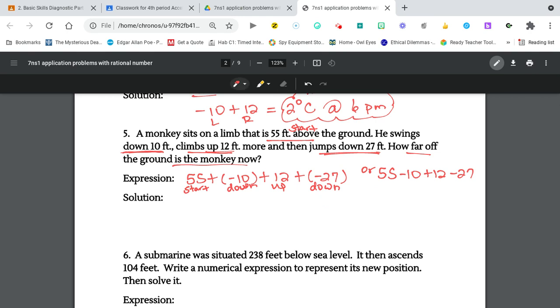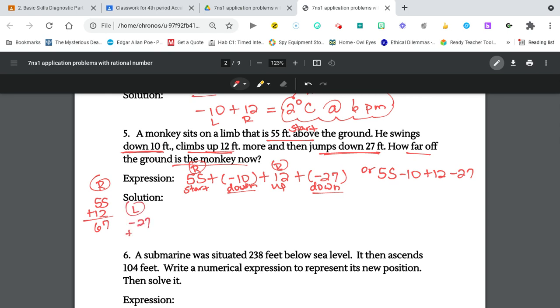Okay, so what I'm going to do is take all those that go to the right. This goes to the right. This goes to the right. So I know 55 plus 12, so all to the right, is 67 to the right. And then I have -10 and -27 going to the left.